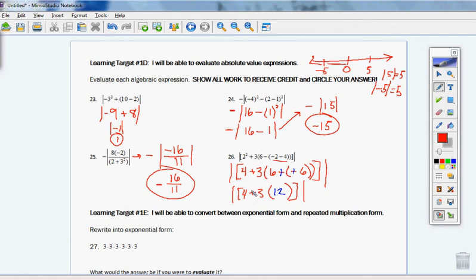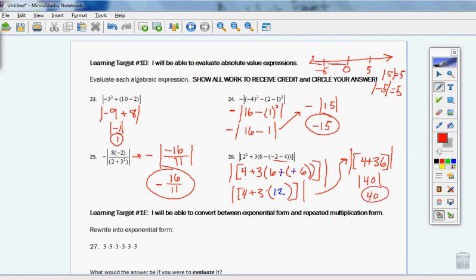Now I have addition and multiplication. Hopefully you know that we're going to work with the multiplication first. So this is the absolute value of bracket 4 plus, and 3 times 12 is 36. Close the bracket, absolute value. And then that's going to be the absolute value of 40, which comes out to 40.